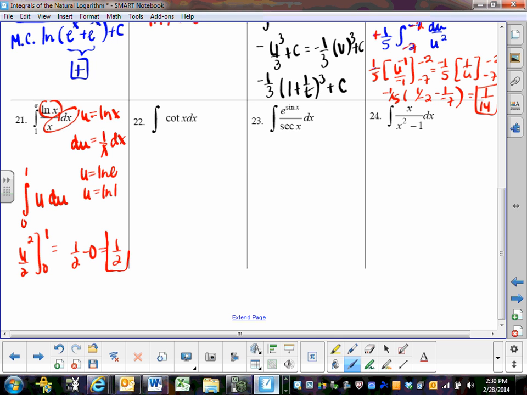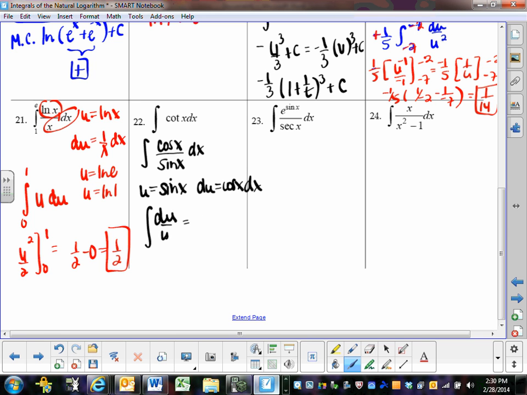So that's 1/5. The negative I can bring out and just do 1 over u from negative 7 to negative 2. So I have negative 1/5, 1 over negative 2 minus 1 over negative 7. So if I were to distribute and simplify, I get 1 over 14.